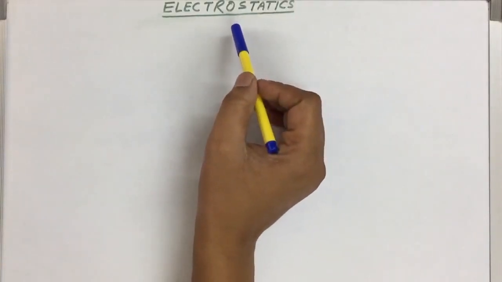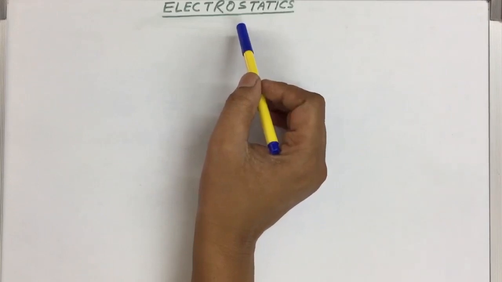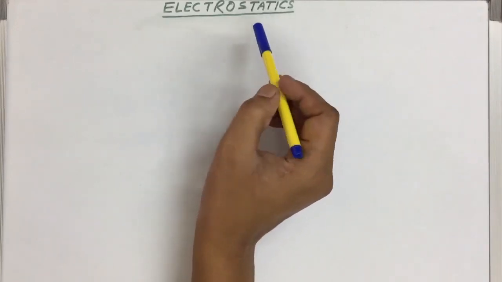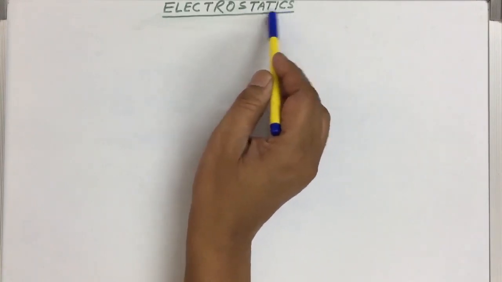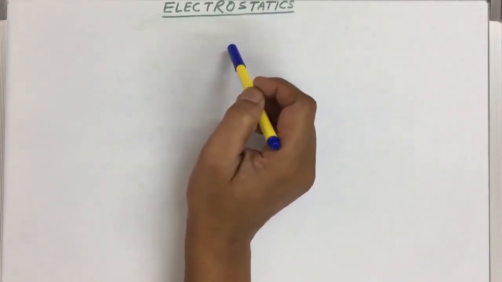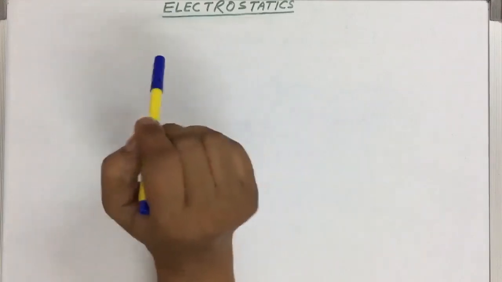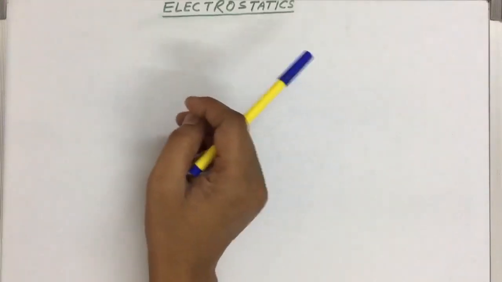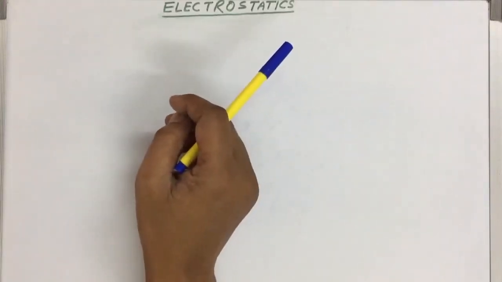So let us discuss electrostatics first. It means study of the charge at rest, but the definition is not completely correct. Why? Because the property possessed at rest is the same as the property possessed by charge under motion.